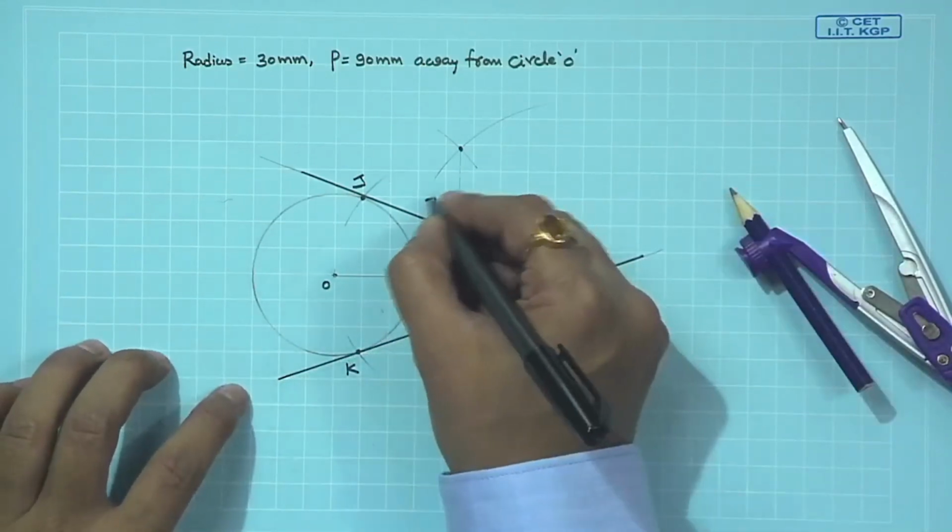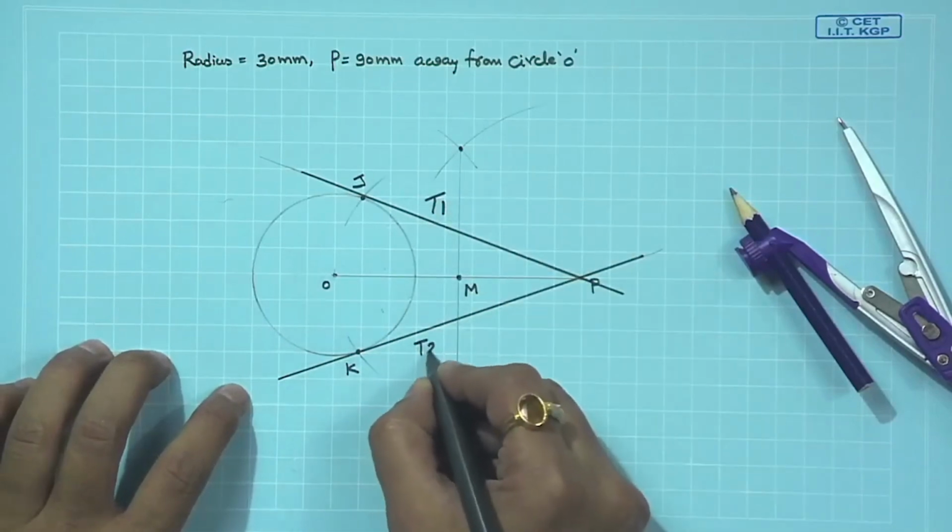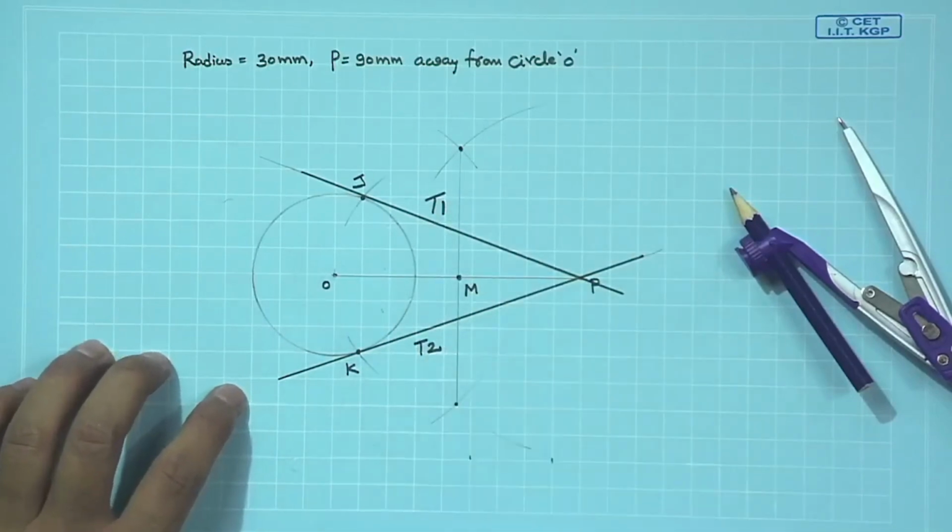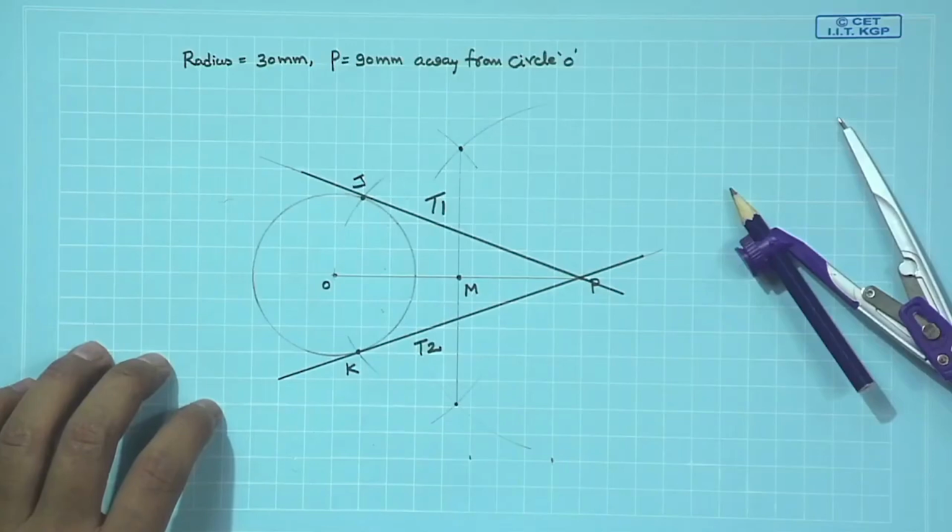So, tangent 1 and this is tangent 2. This is the way we construct tangents to circles.